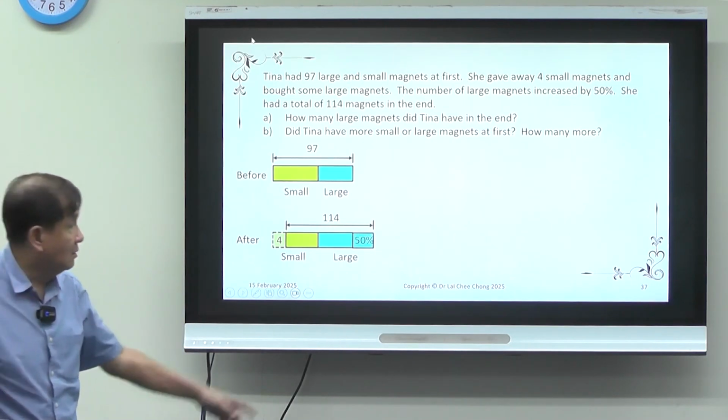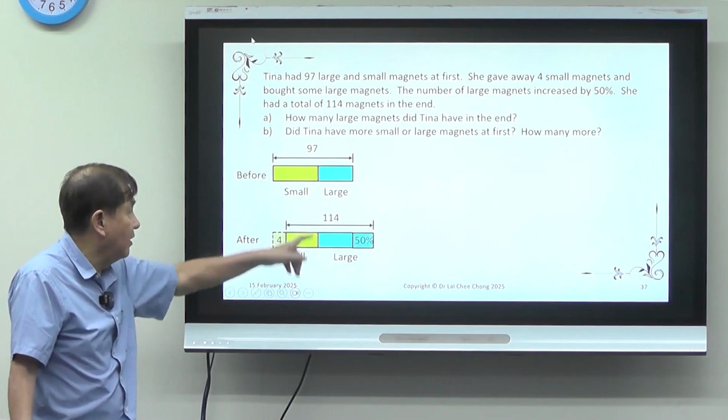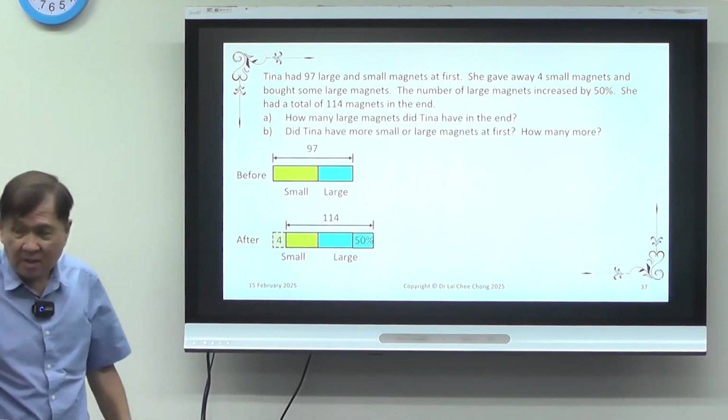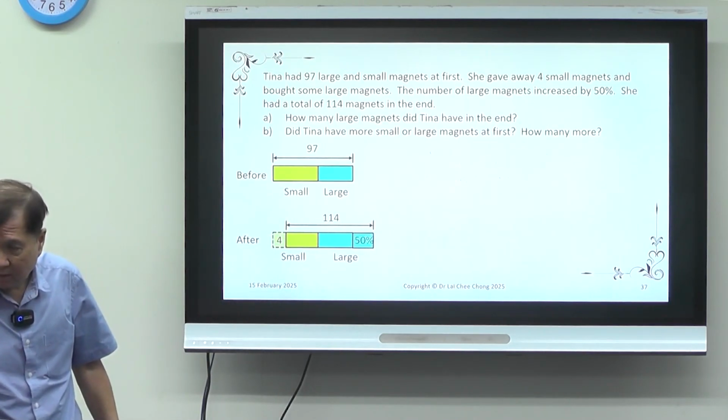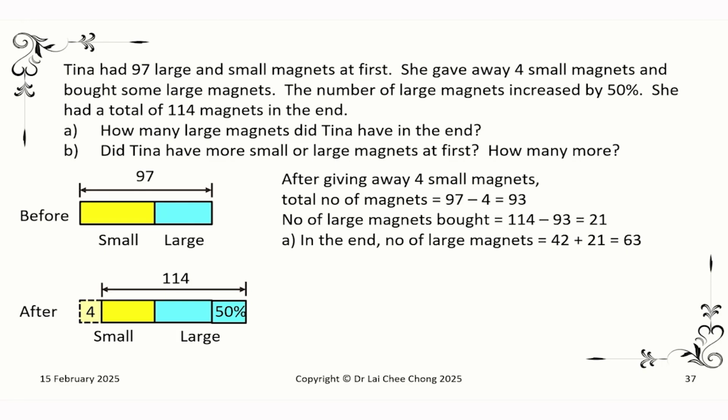Because this is a bigger number, right? So I can find the difference of these two. Once I find the difference of these two, what happens then? I'll put it down there first. After giving away 4 small magnets, this one given away, it said that the total number of magnets must be 93. Am I right? Total number. A bit lesser now.